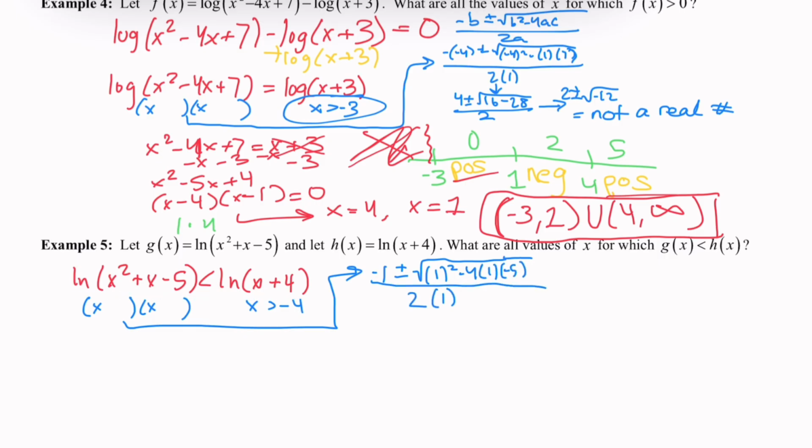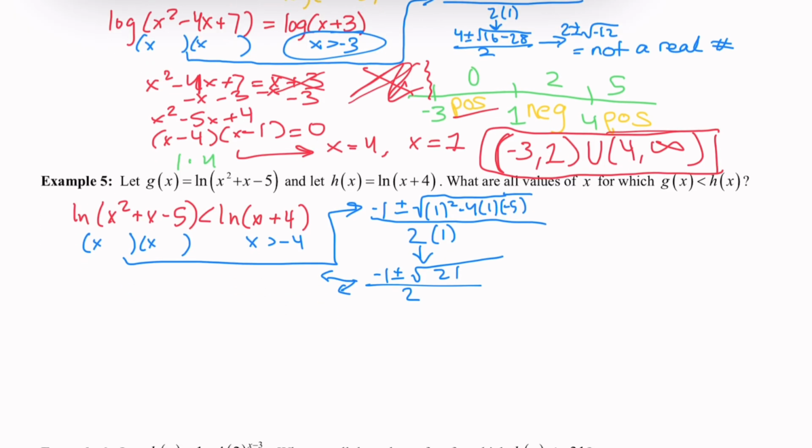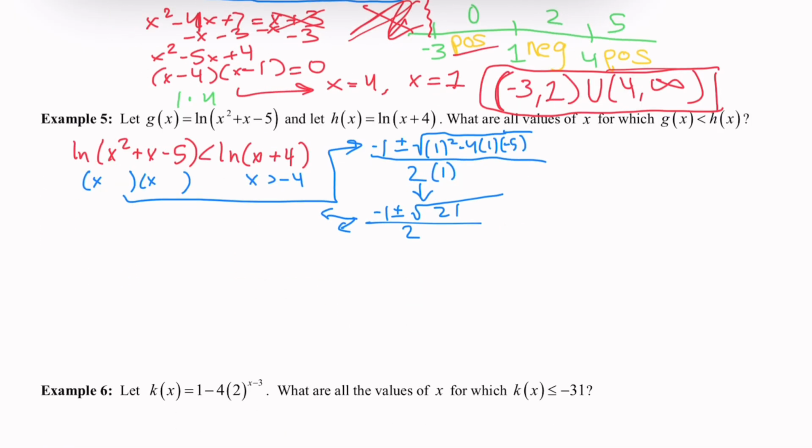That gives us negative 1 plus or minus the square root of 21 over 2. So this gives us two values, right? We have the plus and the minus, so negative 1 plus the square root of 21 over 2, and negative 1 minus the square root of 21 over 2.